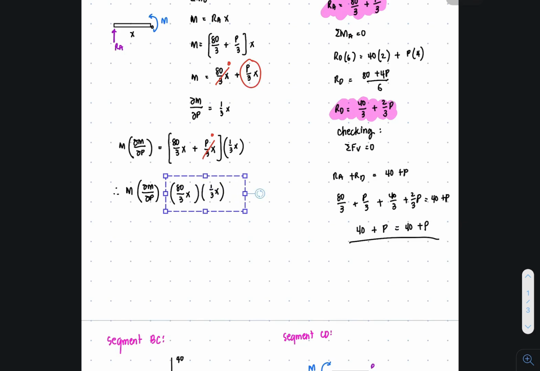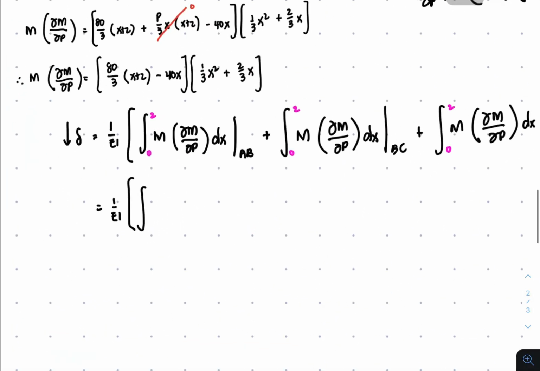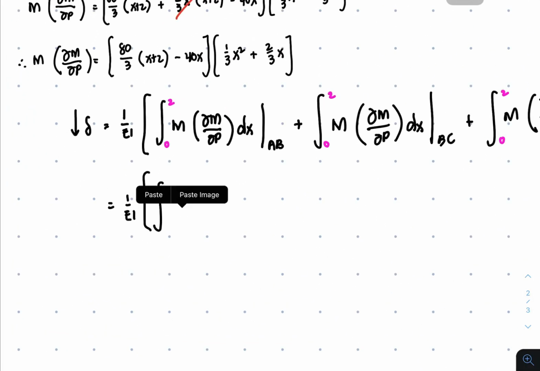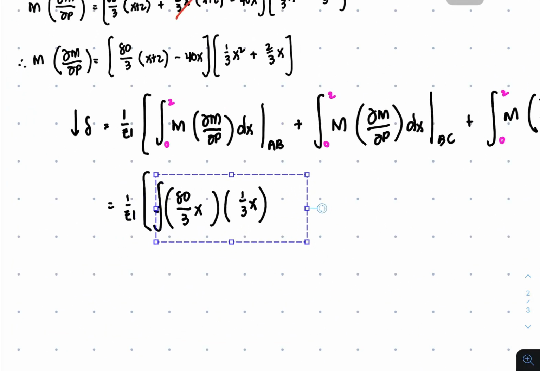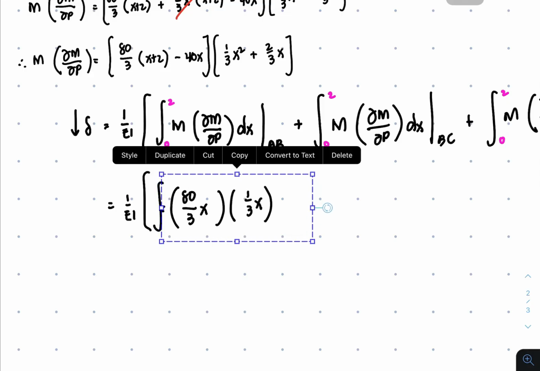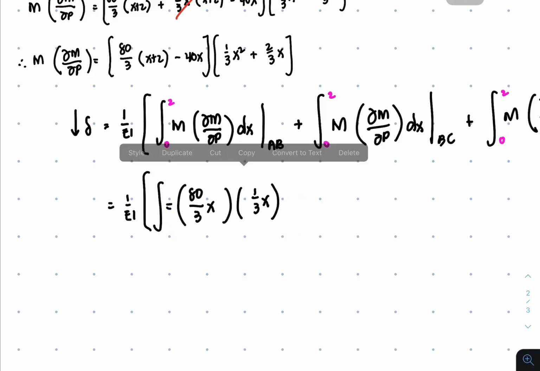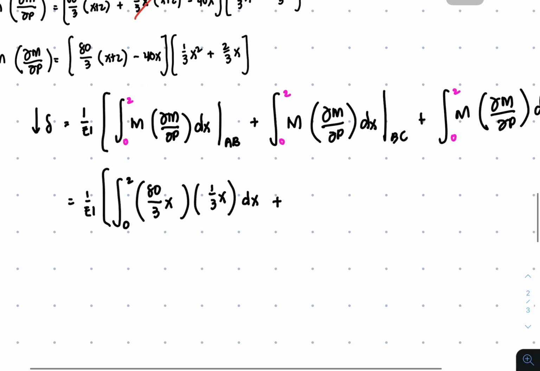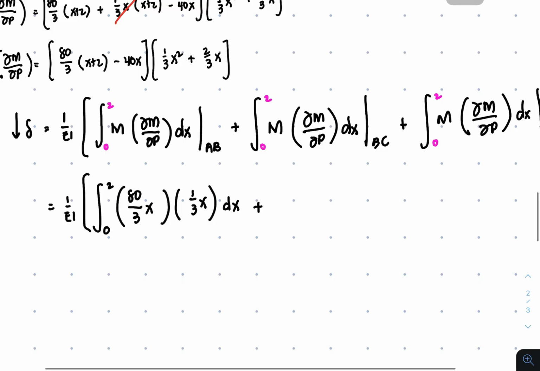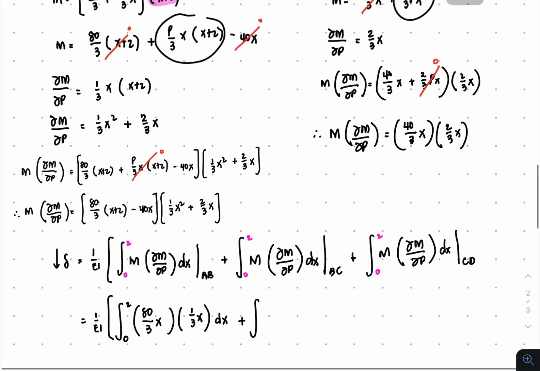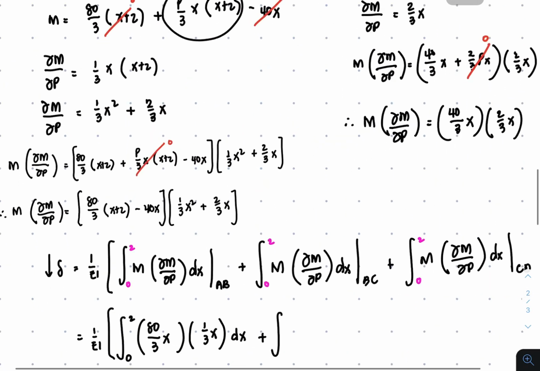So copy this one, copy this, and I'll just erase this portion. And this is dx, limit from 0 to 2, plus the integral of the next segment. What is the next segment?